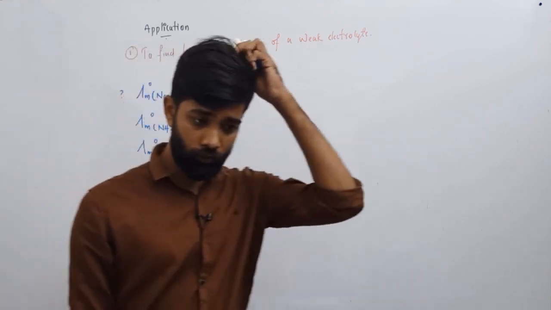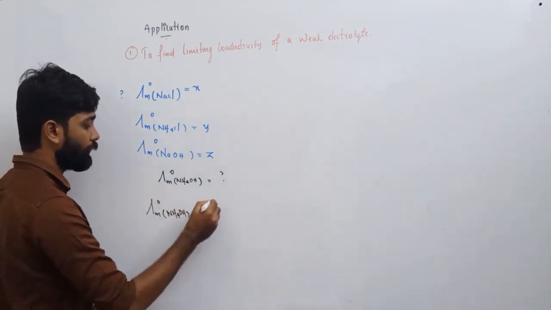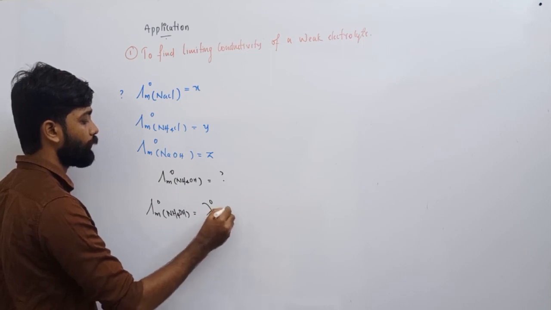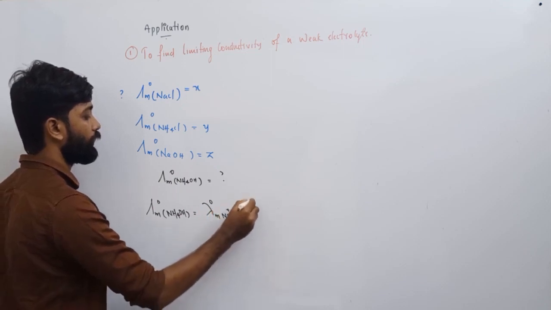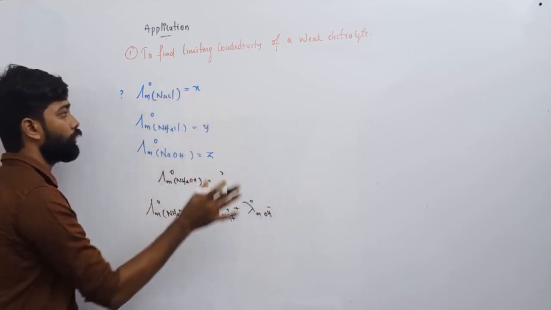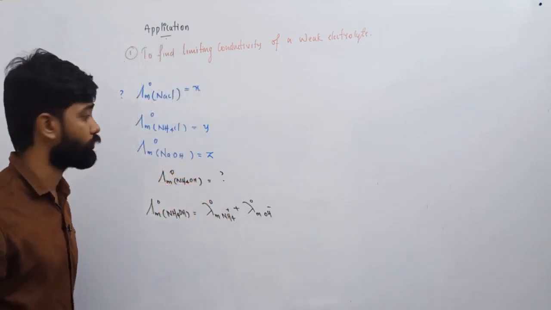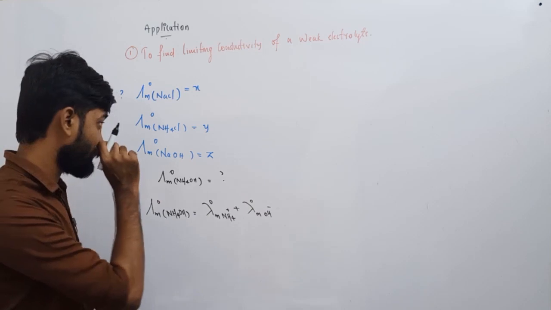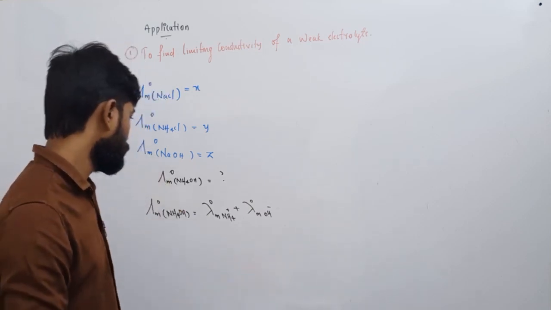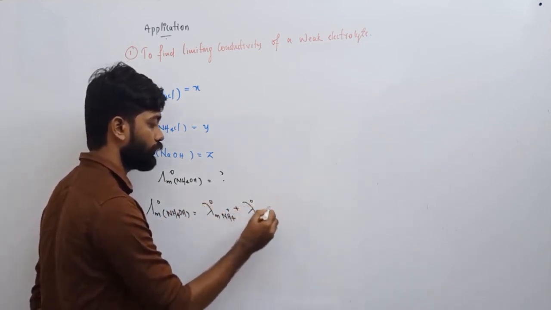So it is clear that according to Kohlrausch's law, this limiting molar conductivity will be the limiting molar conductivity of NH4 plus plus the limiting molar conductivity of OH minus, because these all are monatomic, which means they all form mono ions. Na plus Cl minus, NH4 plus Cl minus, Na plus OH minus, like that.